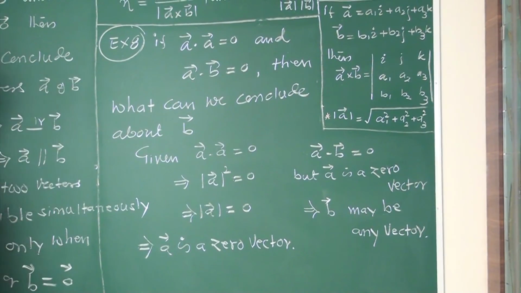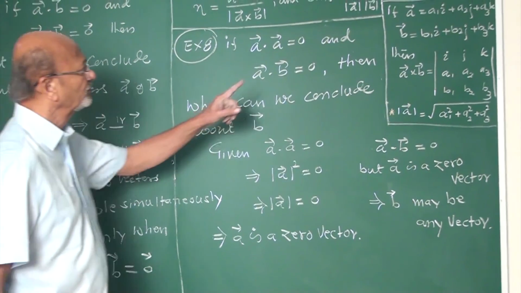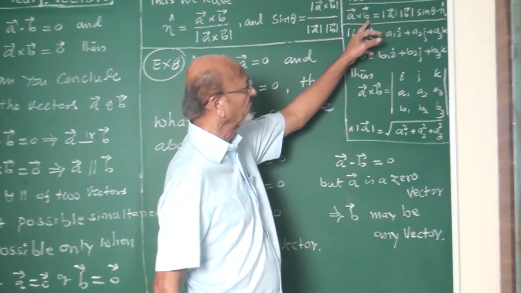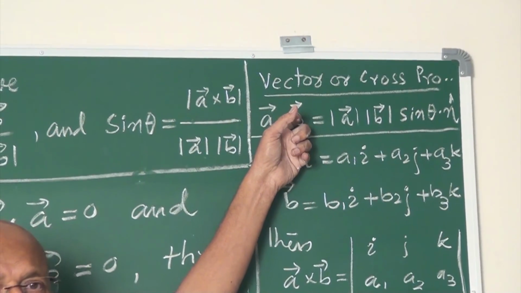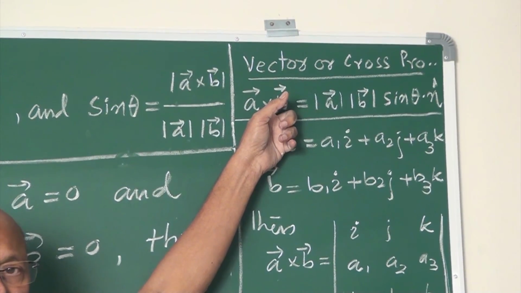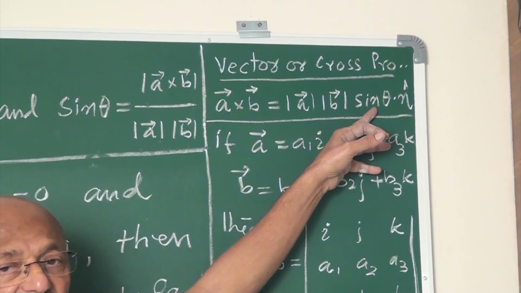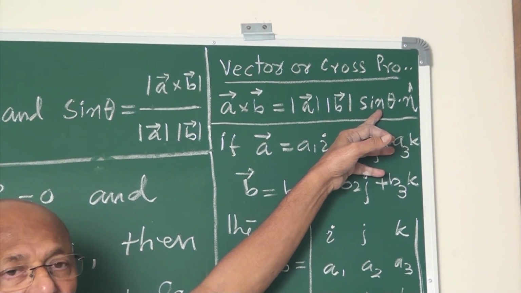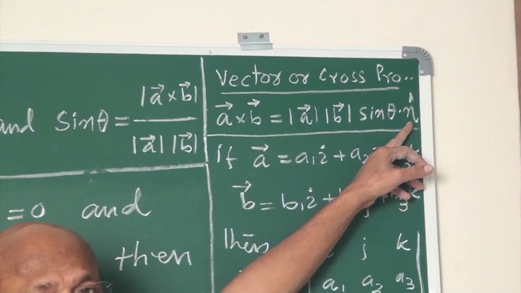Yes, my friends. These are some examples based on A cross B. We have done varieties of examples. First, some examples based on A cross B. Then I have done some examples based on sine theta, the sine of the angle between the vectors A and B. Then some examples based on eta cap.